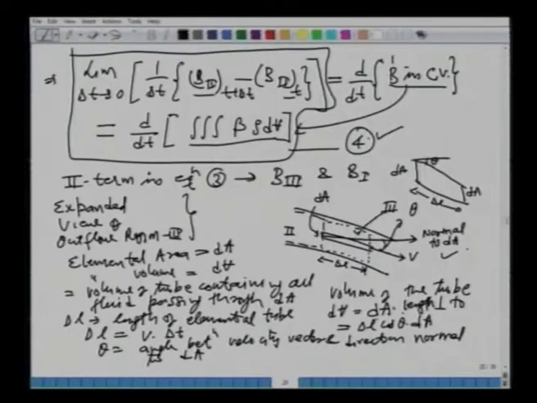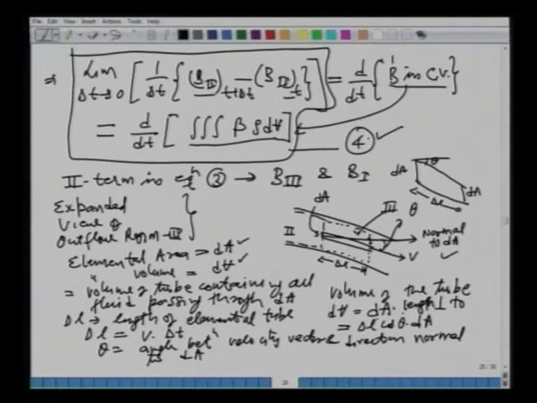In the outflow region we took a very small elemental tube of volume dV and cross sectional area dA, where dA is the cross sectional area, the volume is dV, and theta is the angle between the velocity vector and the normal vector normal to dA.